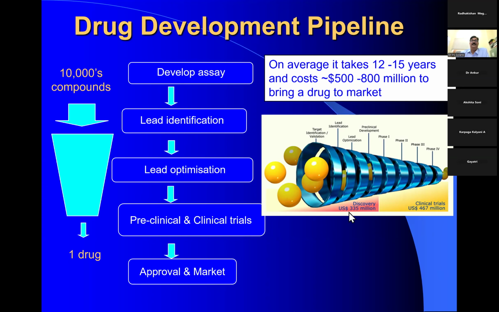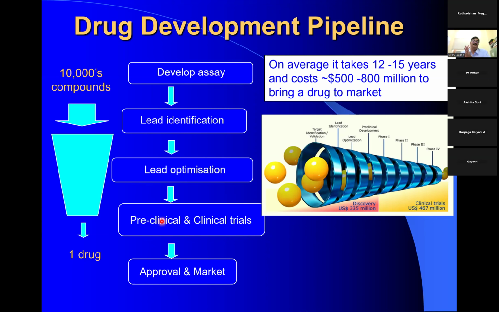After optimization, the refined molecules, like a potential lead or a candidate drug, undergo extensive safety and efficacy testing, and of course here we perform in vitro as well as in vivo testing.